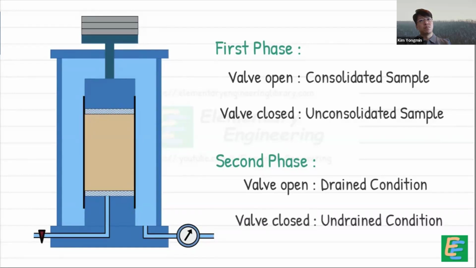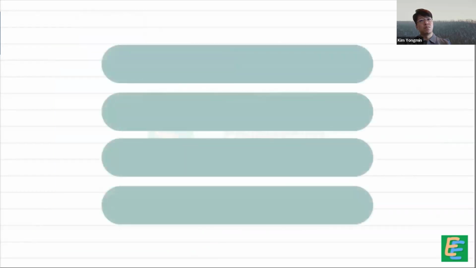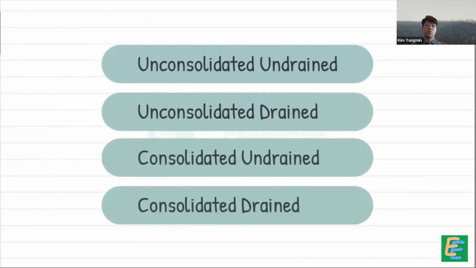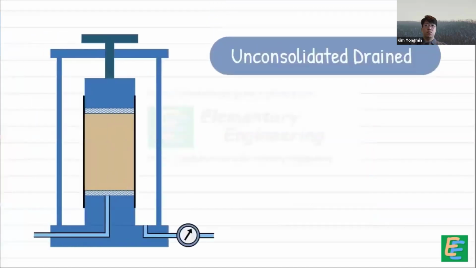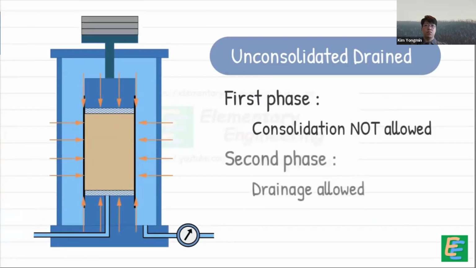So, based on these drainage conditions, there are four possible scenarios for the test: unconsolidated undrained test, unconsolidated drained test, consolidated undrained test, and consolidated drained test. However, the unconsolidated drained condition doesn't make sense. It implies that we won't allow the sample to consolidate in the first phase by keeping the water inside the cell, but will allow water to drain out in the second phase.